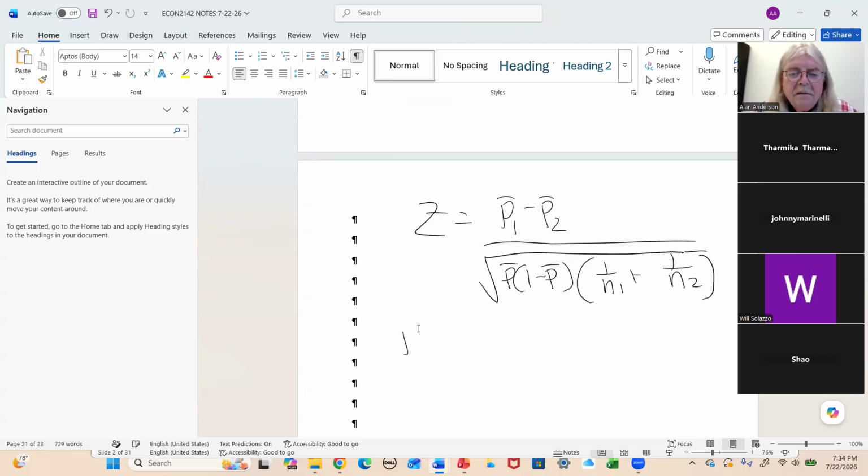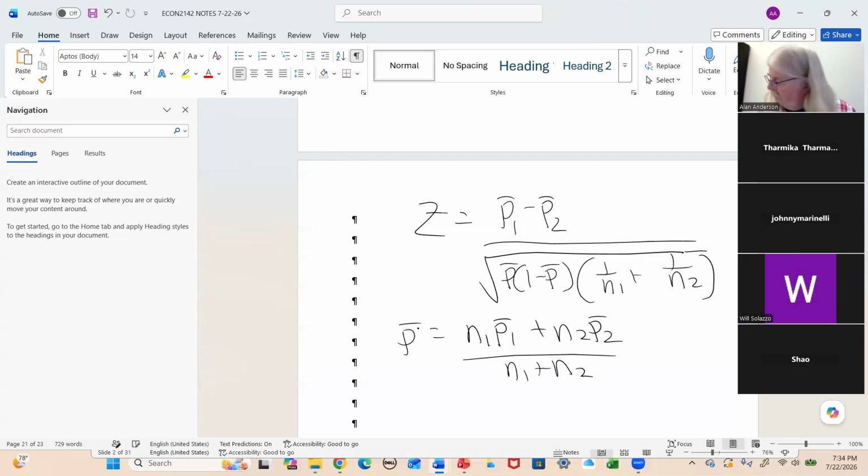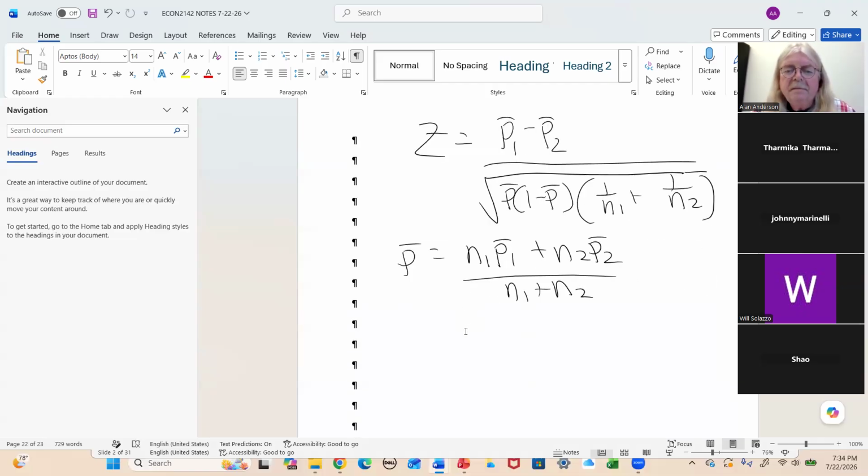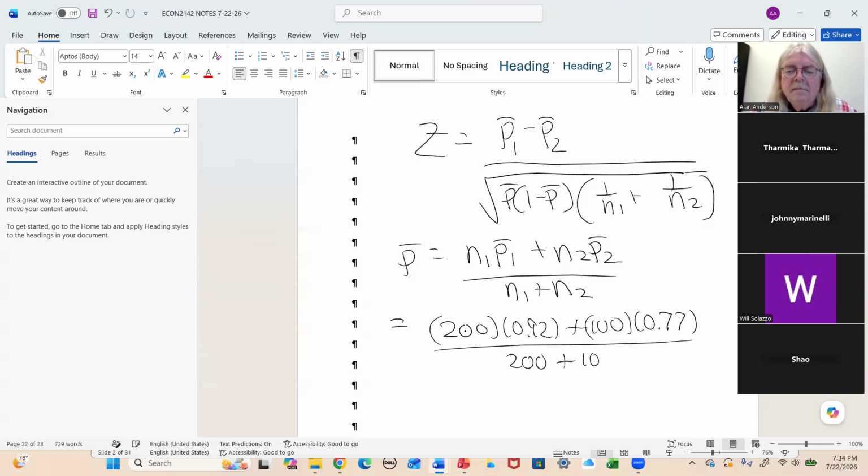P bar here is defined as this. Okay. So if you plug these in, let's see what this is equal to.